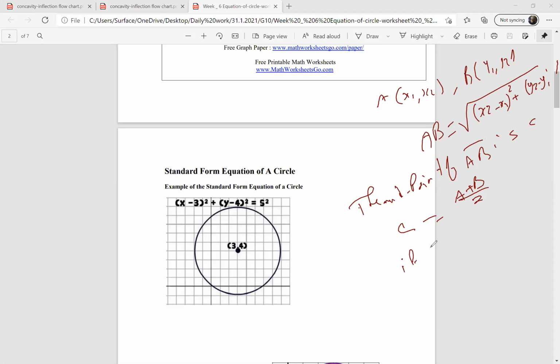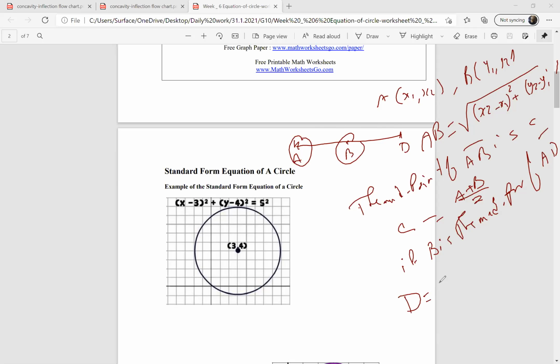But if B is the midpoint of AD, for example, if B is the midpoint of AD, this is A, this is B and this is D, and we have A and B, then we can find D by multiplying the midpoint by 2 and subtracting the given endpoint: 2B minus A.